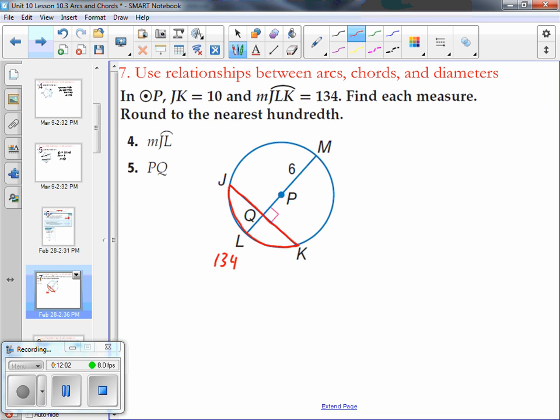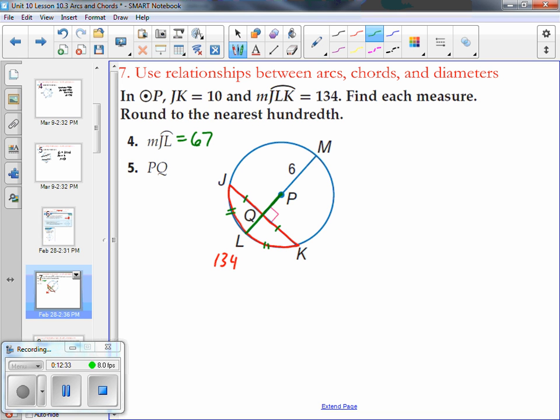Well, first they ask us for the measure of arc JL. Hey, since this green radius is perpendicular to the chord, it bisects the chord and it bisects the arc. So wouldn't the measure of arc JL be half of 134? And what is half of 134? 67.